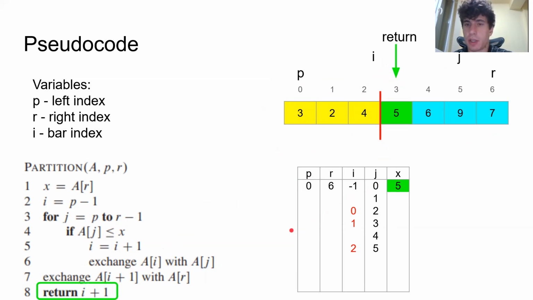Okay. And the last step is to return this index, the index after the bar, because in QuickSort, we will want to do something with the left part and with the right part. So we need the index to know how to split the array.